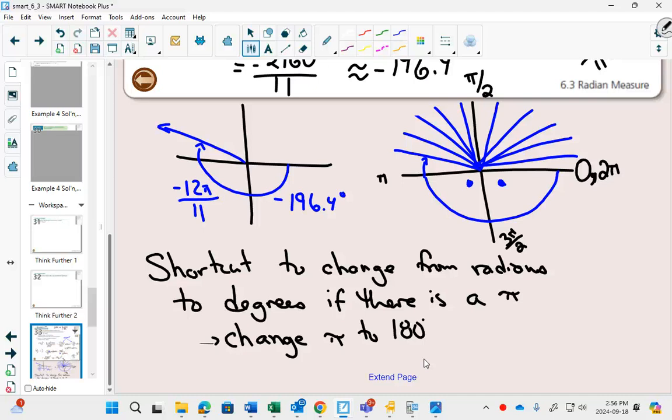This is important. This is the same as saying 12 is equal to 1. Well, it's not true. Unless I say 12 inches is equal to 1 foot, then it's true. But I can't just say 12 is equal to 1. But some of you are going to start to think that the number pi is 180. Pi has not changed. Pi is 3.14.